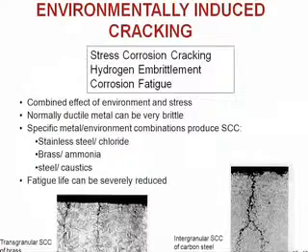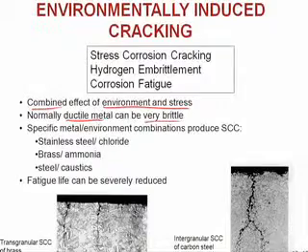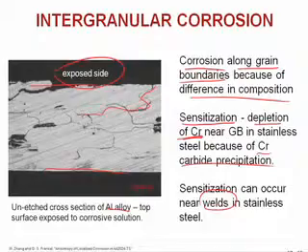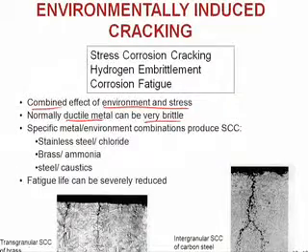The final form of corrosion I'm going to talk to you about is environmentally induced cracking. This is the interaction of stress and the environment. We have a combined effect of environment and stress, and we see that normally ductile metals can be very brittle. This is brass. Brass is an extremely ductile material, and we see very sharp cracks when this brass is stressed in an environment containing ammonia.